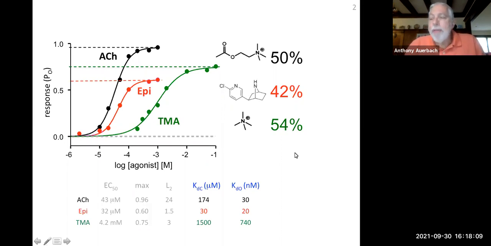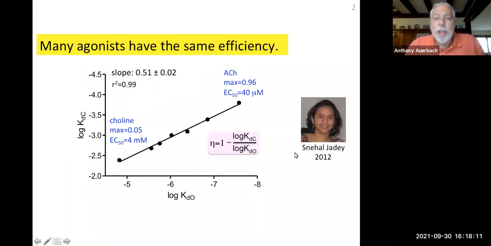The reason why efficiency is useful is because of this. Many agonists have the same efficiency. This is my graduate student, not my postdoc advisor.